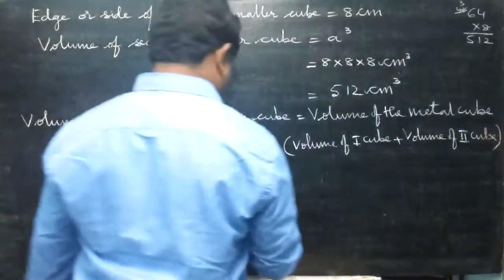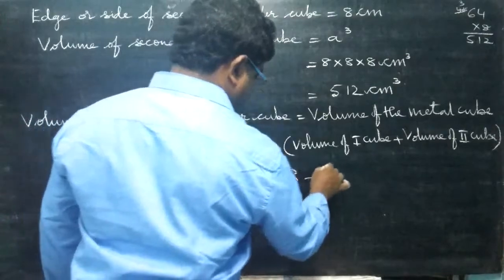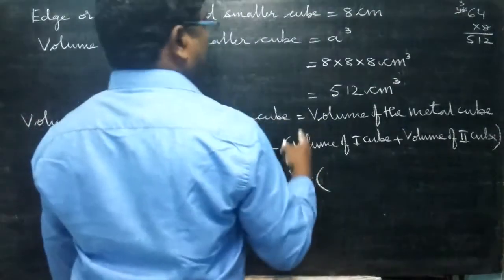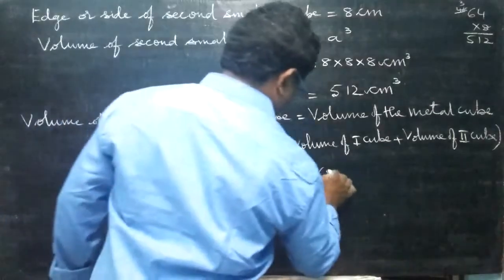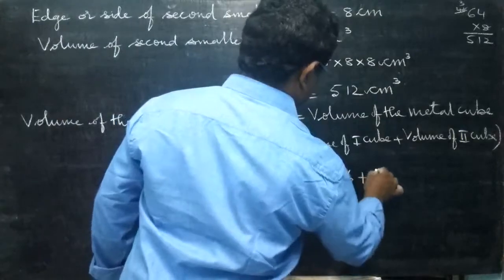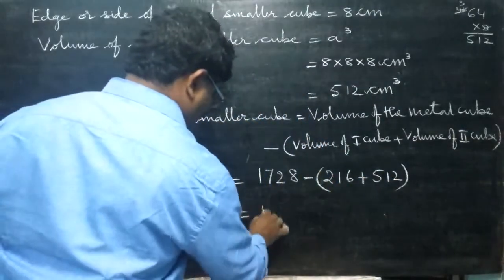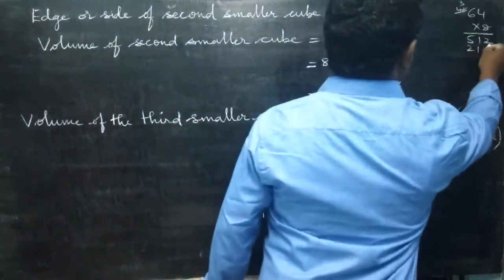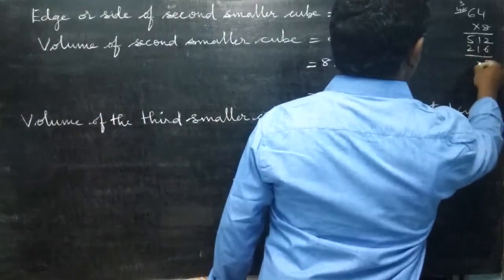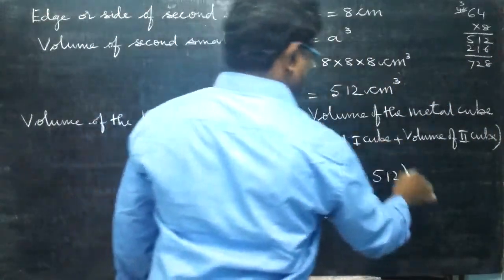Now volume of the first cube, how much we got? 1728 minus of, before how much we got? 216 plus 512. Now that is equal to 1728 minus 728 centimeter cube.